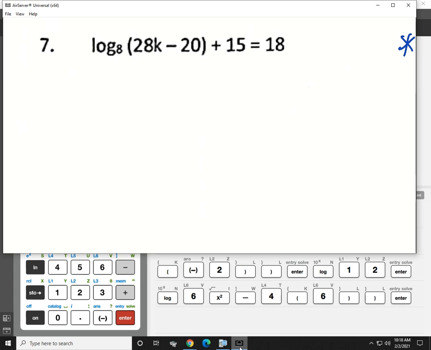Is that plus 15 inside that 28k minus 20? Then you can't exponentiate yet. You got to move that 15 first. How? So when I subtract that 15 to the other side, you're going to be left with log base 8 of 28k minus 20 inside parentheses equals 3.